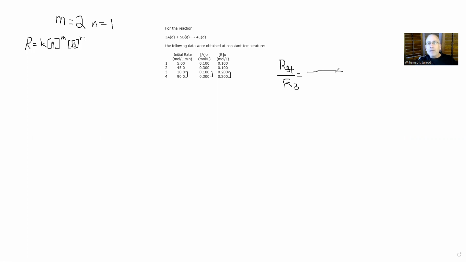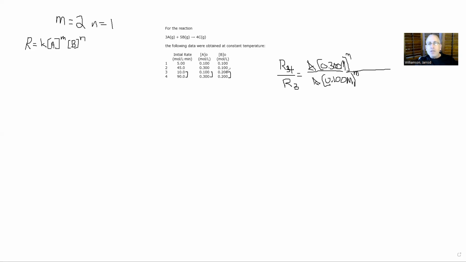And what's going to happen is the rate constants are going to cancel. And the concentration of A is going to be 0.3 molarity to the m, over 0.1 molarity to the m.